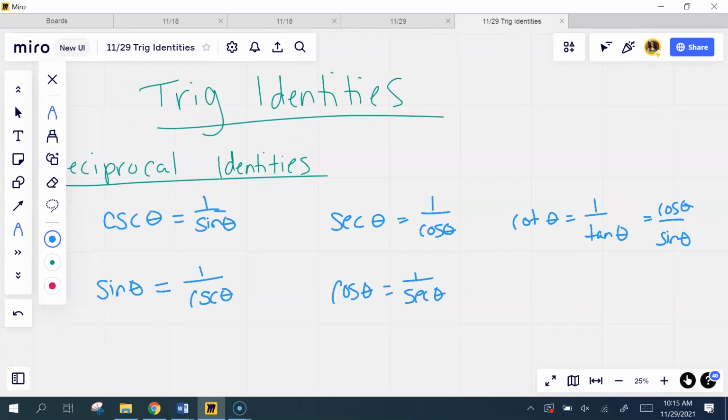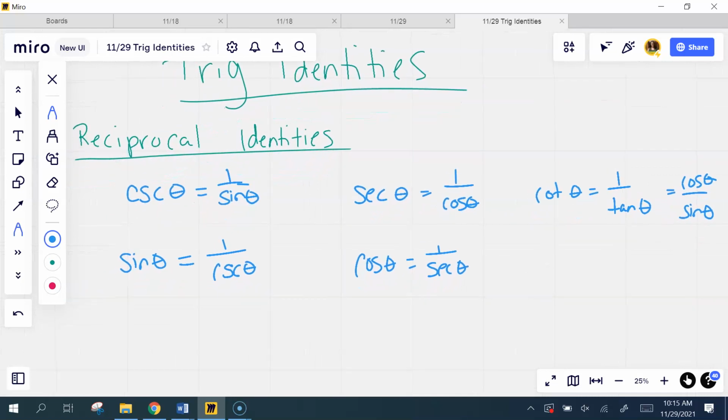Well, what we're going to be doing is reworking some trig things, and if you happen to see this, you would know that you could replace that with just sine theta. You want me to show you why? These are easy to show why. 1 over cosecant theta.